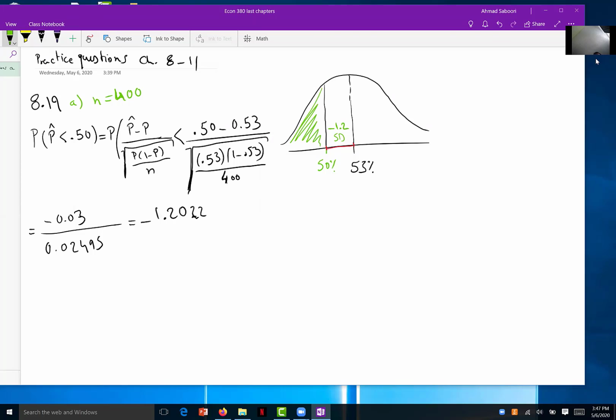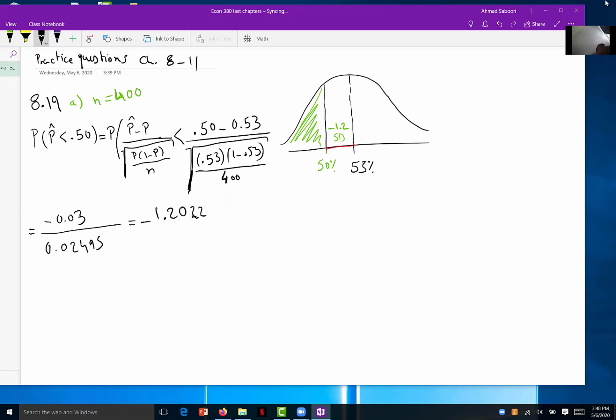And then again, of course, we have to pay attention to see that we're looking for the same thing that's shown in the table, right? In the table, we see it's the left tail that it is showing us. The value in the table is the left tail. And are we looking for the left tail or the right tail? As you can see in the graph that I drew here, it is the left tail as well, right? The green area that I marked is the left tail. So minus 1.2 standard deviations, it's 0.1151.